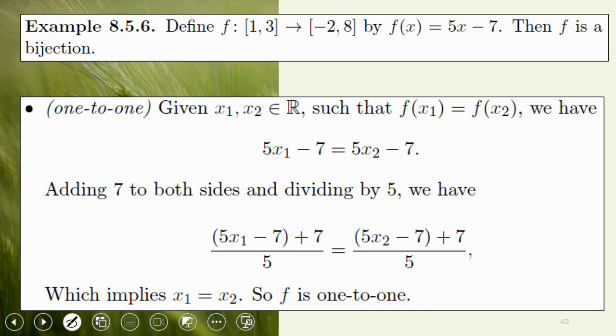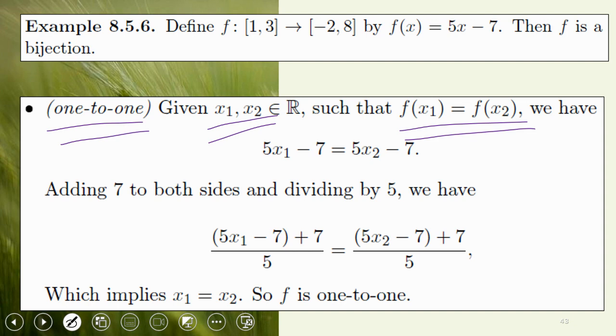So we begin by showing that this function is one-to-one. And so what we do is we select two arbitrary elements in the domain that map to the same element in the range or the codomain. And we show that that must mean that the two elements in the domain are the same.